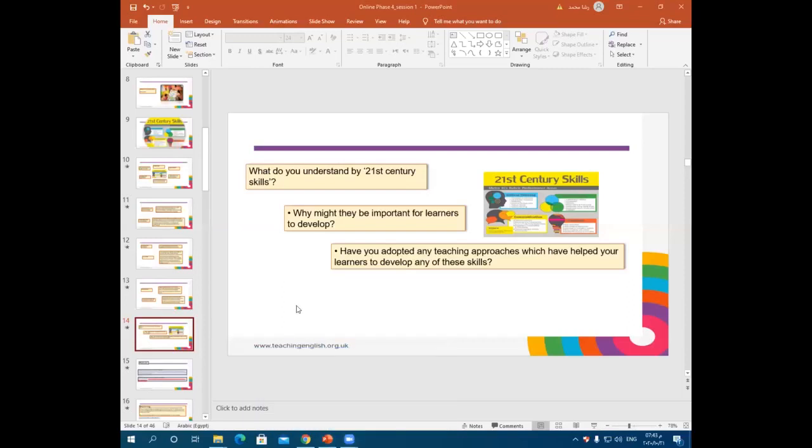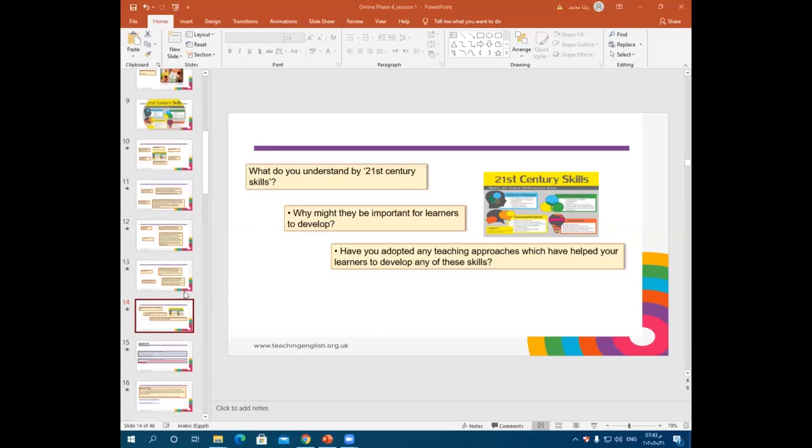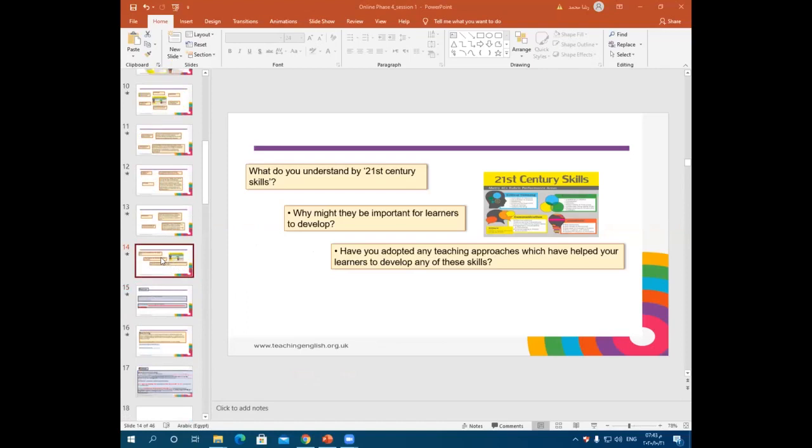Hello, back to our main session here. We are all here now. Okay, so group number 1, do you have the answer of what do you understand by 21st century skills? Who was in group number 1, try to talk with me.